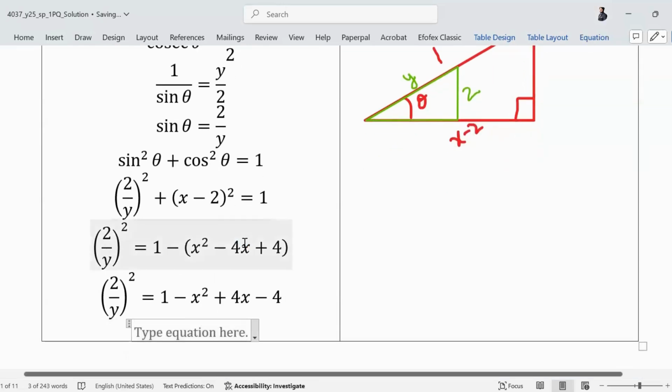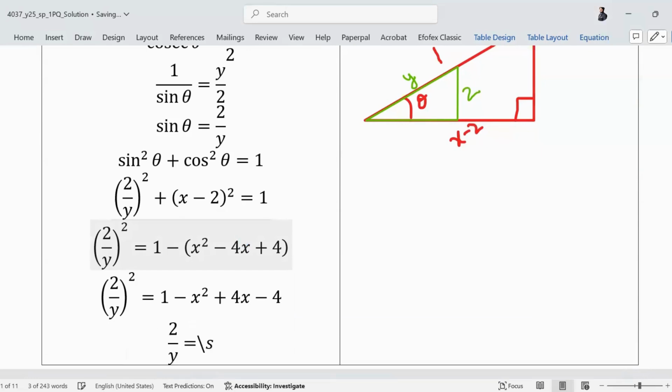So 2 upon y, I'll take square root on the entire side. I'll get 4x minus x squared minus 3.